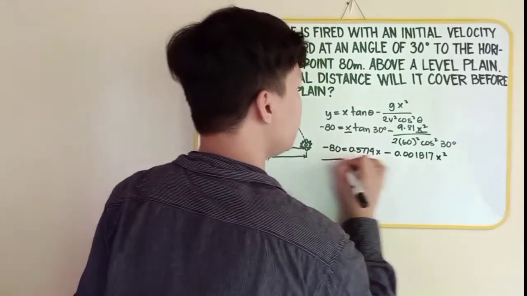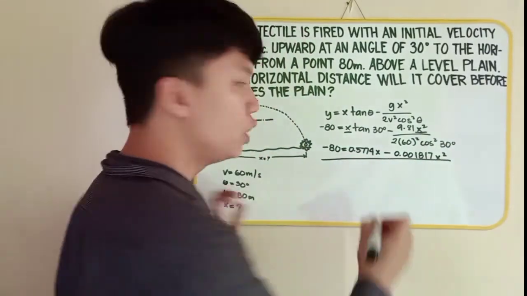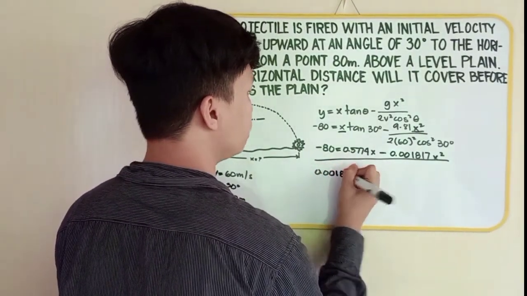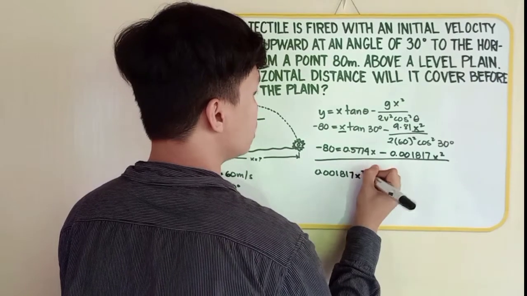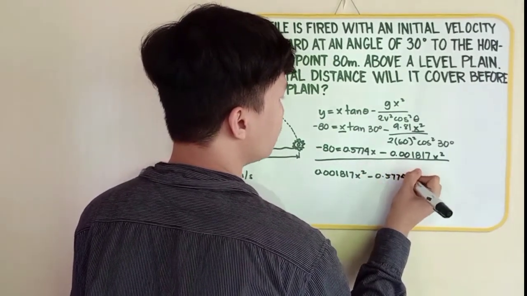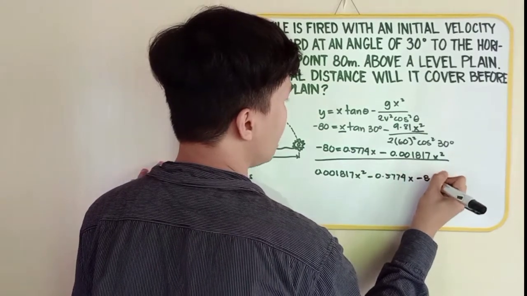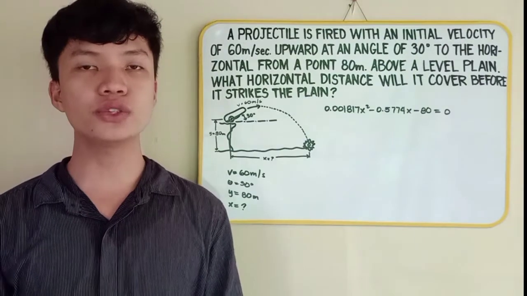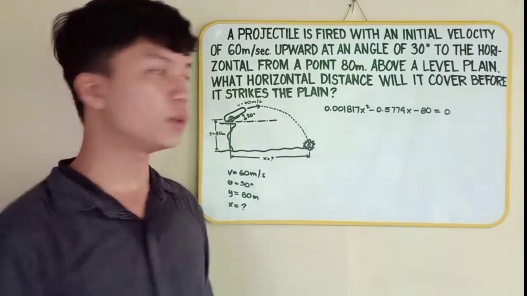So we will equate this equation to 0, and it will give you 0.001817 x squared minus 0.5774 x minus 80 equals 0. For us to solve for the value of x, we will use the quadratic formula.